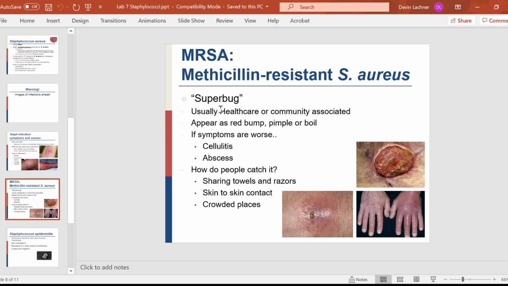Because of this resistance to methicillin, it's going to be very common in healthcare associated situations. So the symptoms are very similar to what we were looking at before, but just a lot more severe. And you can catch this by sharing any objects that came into contact with skin or any skin-to-skin contact.